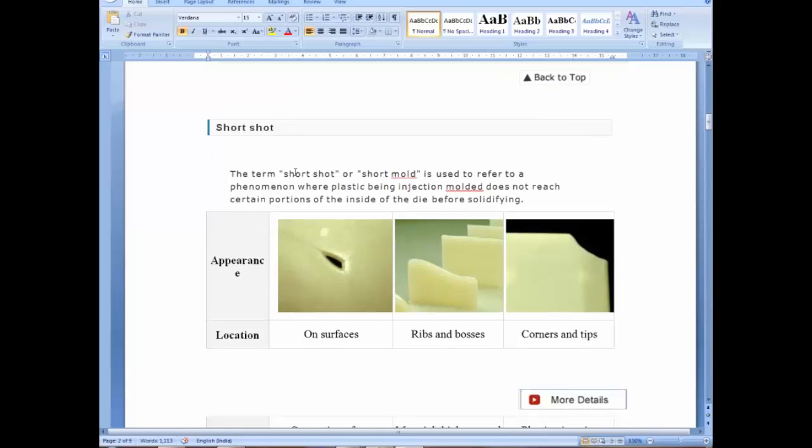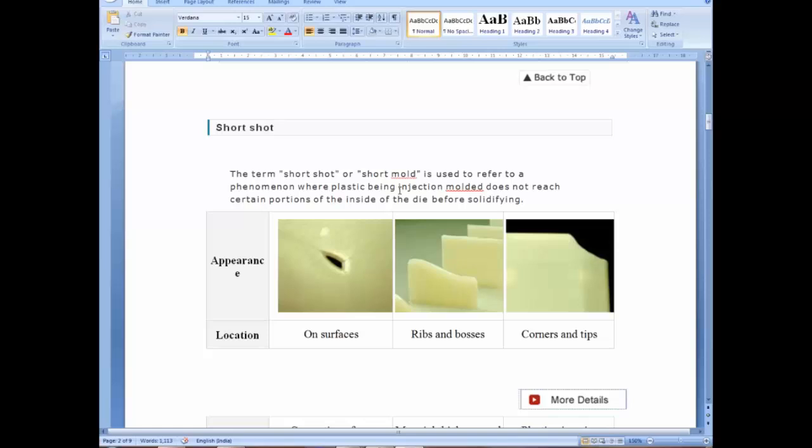Short shot. Now what is this? The term short shot or short mold refers to a phenomenon where the plastic being injection molded does not reach certain portions of the inside of the die before solidifying.